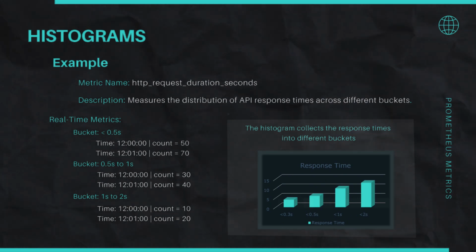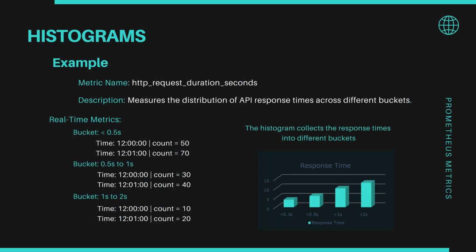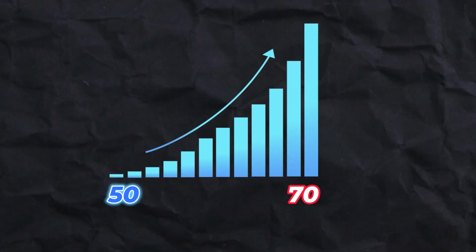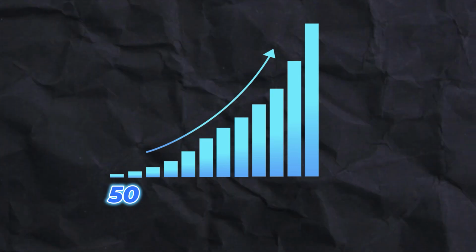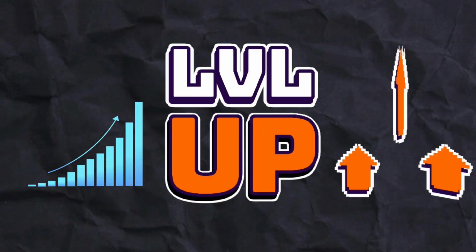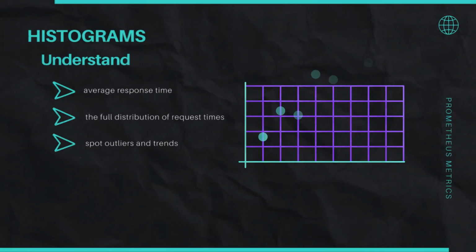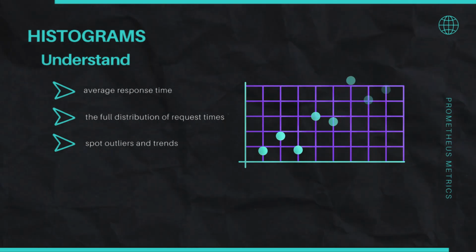From this, we can understand how many requests were completed within each specified time frame, which are called buckets. We can also see the increase in requests from 50 to 70 that were completed within 0.5 seconds. This is a good indicator of performance improvement. This allows you to understand not just the average response time, but the full distribution of request times, helping you spot outliers and trends.